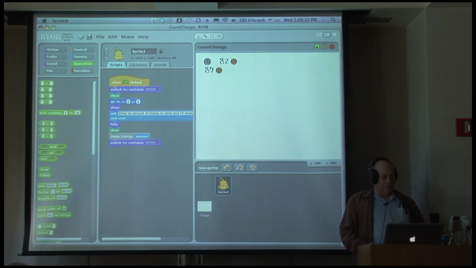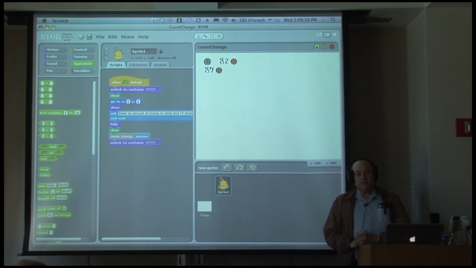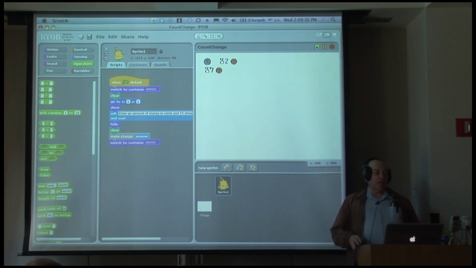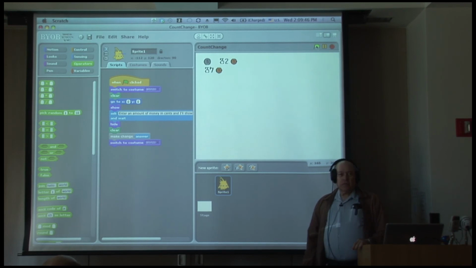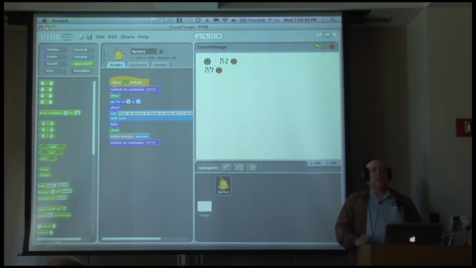Cool, huh? So this is an example of recursion that has nothing to do with graphics. I actually did some graphics to print out pictures of the coins. But the essence of the problem is as follows. Every way of making 37 cents either does or doesn't start with a quarter.